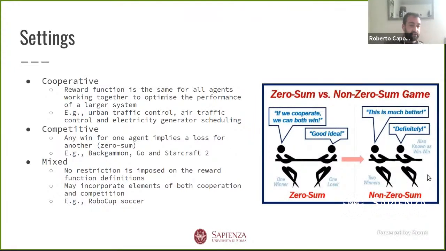The mixed setting is also a non-zero-sum game, and here there are no restrictions imposed on the reward function, and there could be elements of both cooperation and competition. This is, for example, the case of RoboCup, right? If you don't know RoboCup, it is a worldwide competition where teams of robots participate by playing soccer or football, which I would prefer as a name.